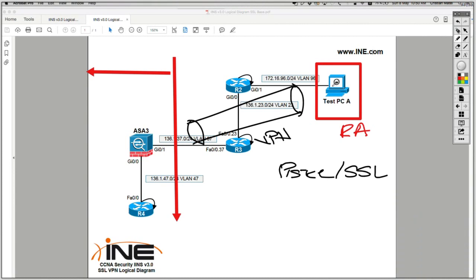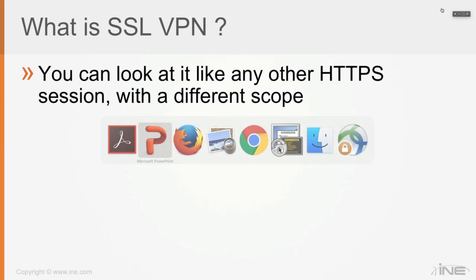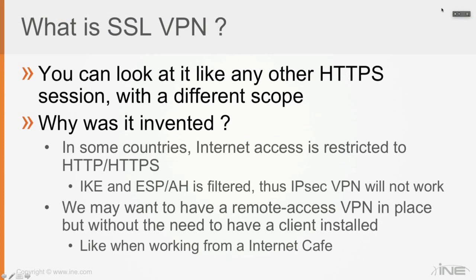One of the main drivers of inventing SSL VPNs was that in some countries internet access is restricted to allow only HTTP and HTTPS traffic, and also DNS, because without DNS web browsing doesn't work.